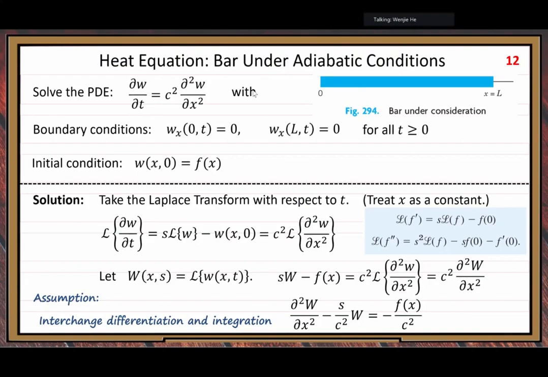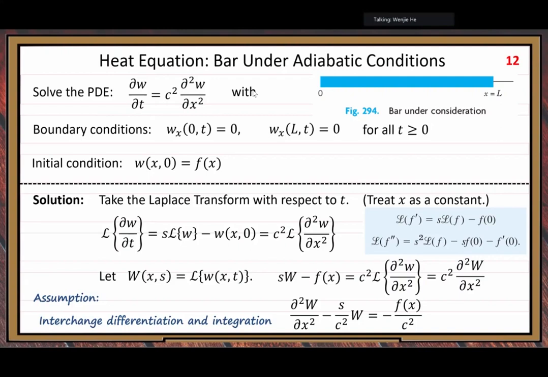Next, we want to solve a concrete problem, because here there are a lot of unknown constants. The C constant is unknown, the L constant is unknown, and the f function is not given. So it is hard to do the specific calculation.